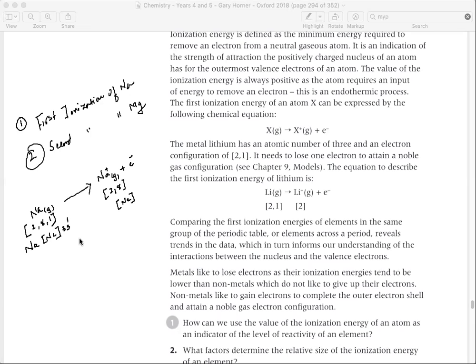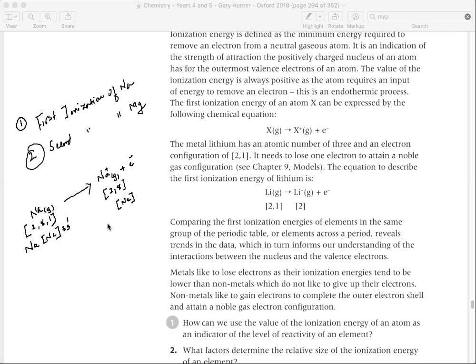Similarly, can you write for the second ionization of magnesium? Understand, you're writing for second ionization, not first ionization. So what's the difference between first and second ionization? Second ionization is the removal of the second electron.